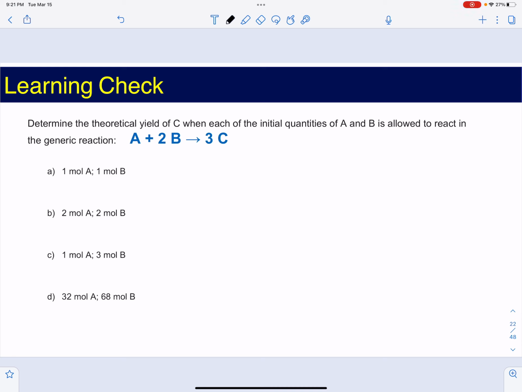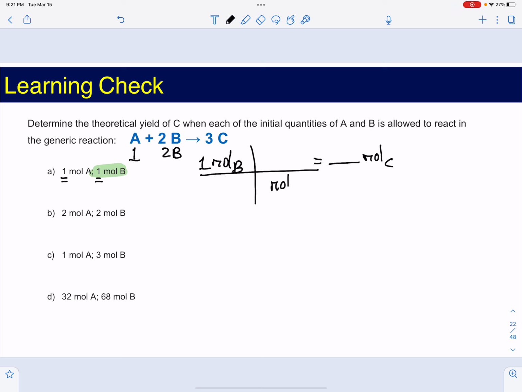So if I have 1 mole of A, that means I'm going to need 2 moles of B. In this case, I have 1 and 1, so B is going to be short. Now that I know my limiting reactant, I'm going to use my limiting reactant to find my product, to see how much of the product I can make. I'm going to use the mole to mole ratio.